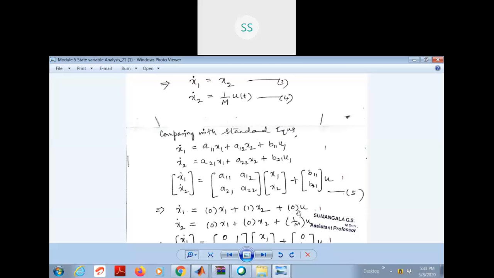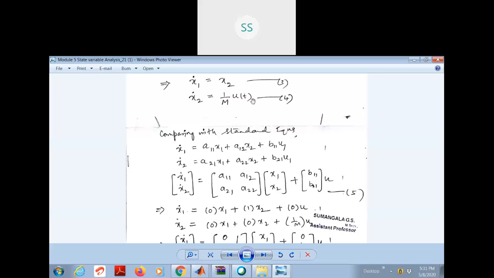So that is the first equation. Similarly, the second equation should also be written in the standard format. So x2 dot equal to, now just observe equation 4. This equation doesn't have any x1 or x2, both are 0, 0. It contains only the input term u of t.